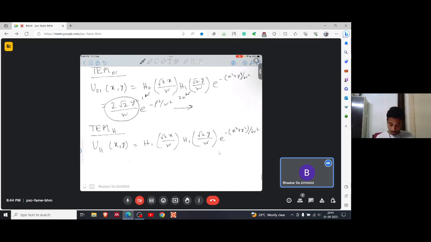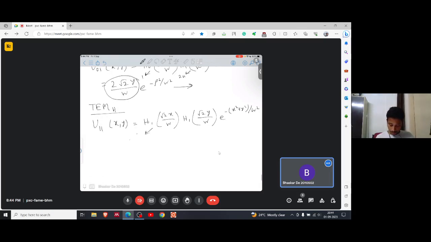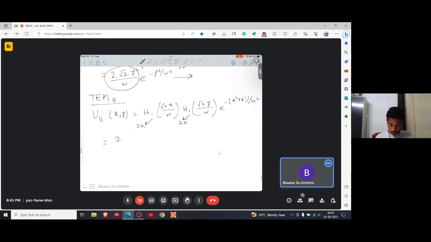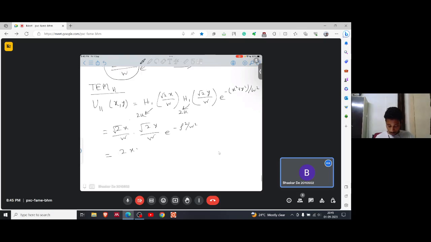So it will be 2u, 2u, so root 2 x by w, root 2 y by w, e to the power minus rho square by w square.